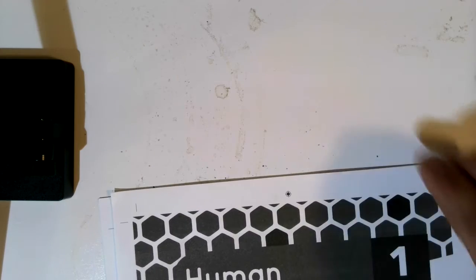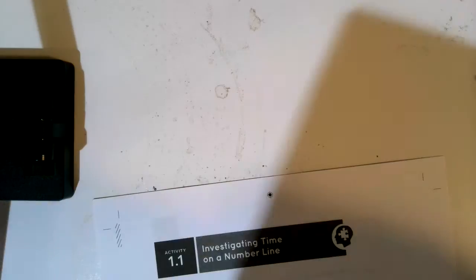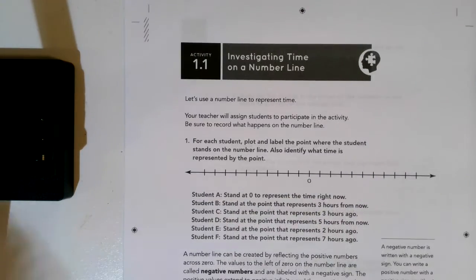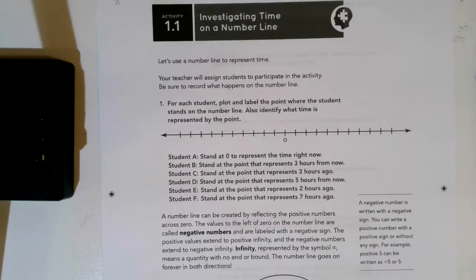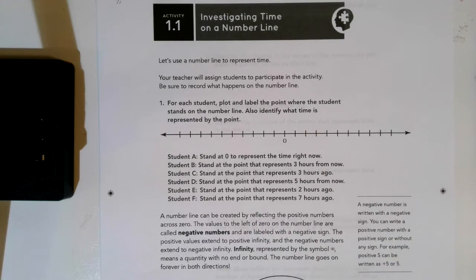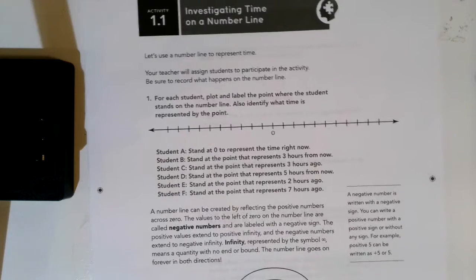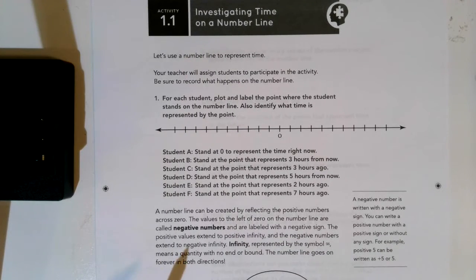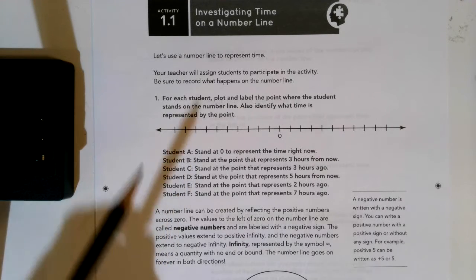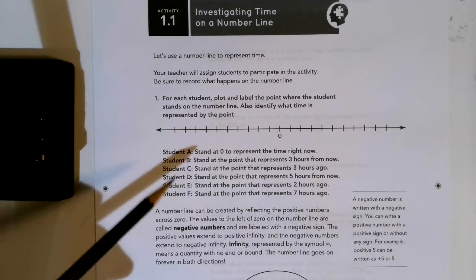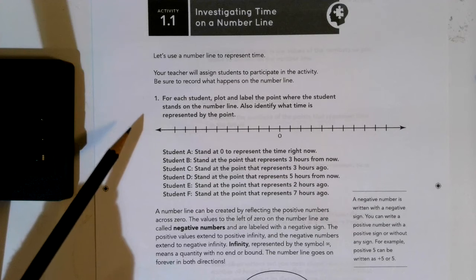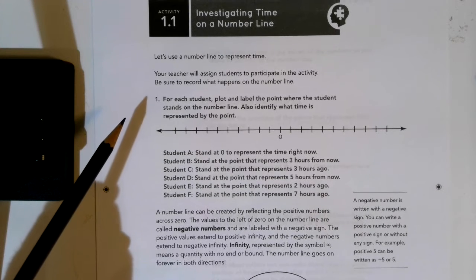Moving on to 1.1. So this is going to be page 2 in your PDF, page 9 in the packet. We're going to talk about number lines, using number lines to help us explore negative numbers. We would do this with a large number line within our classroom if we were all together.